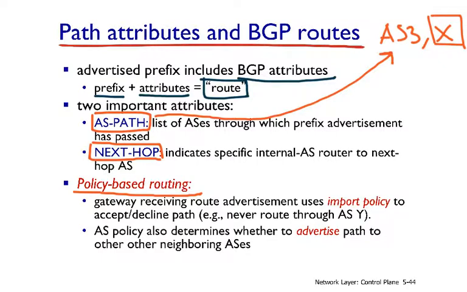For example, I would like to never route through one specific AS called Y, and I'm also able, if I'm the network admin, to decide if I want to share a path or an advertisement with specific networks or not. For example, imagine that I have 3 adjacent ASs and I would like to only share the information with one of them because I don't trust the rest.